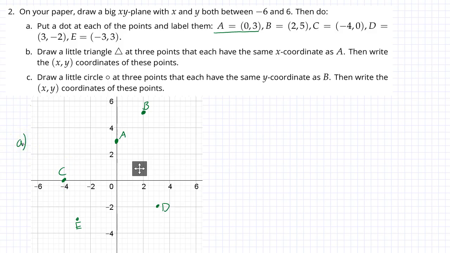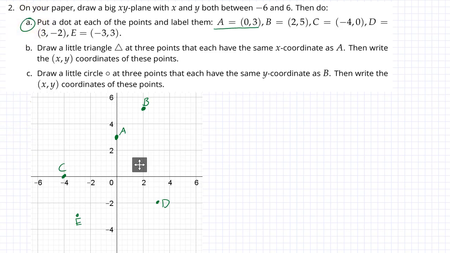Now for part B, so I did that one in green, I guess. For part B, let's do this one in purple. We're going to draw a little triangle at 3 points that have the same x coordinate as A. Then let's write the xy coordinates of these points.